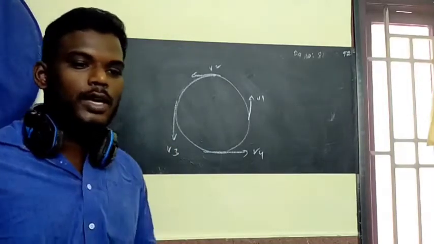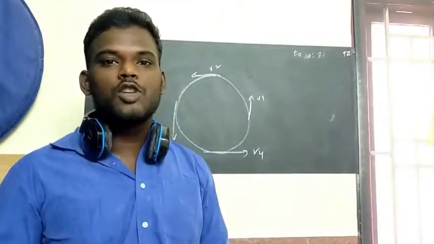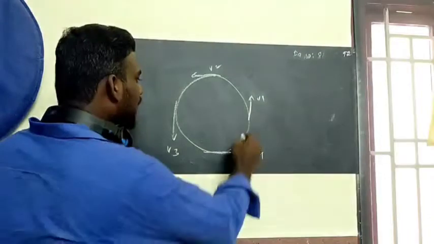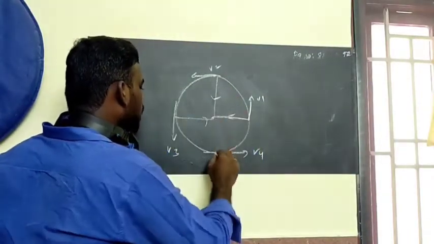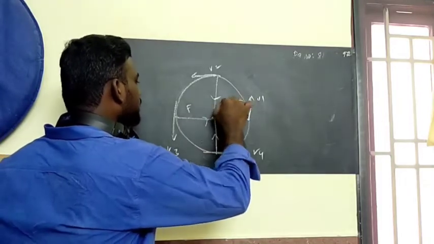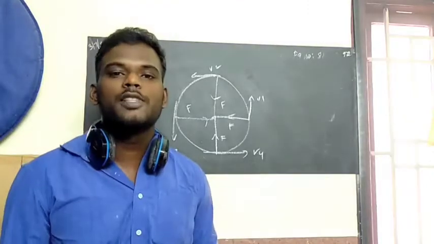So please understand this one. When a body wants to move in a circular path, there should always be some force acting towards the center. That's called what? Centripetal force. What is my centripetal force?